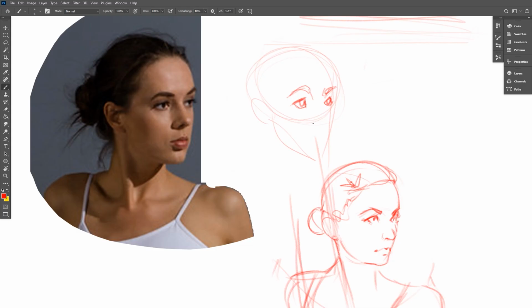Okay, then they do this nose. However, I can see all these shadows, right? So I should be drawing all the nose. I should be drawing all I see.